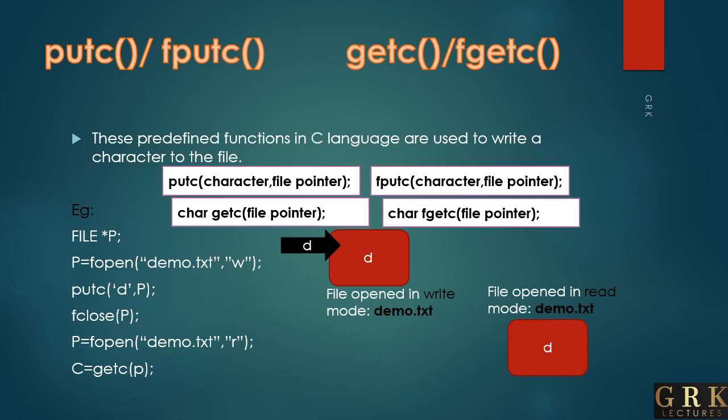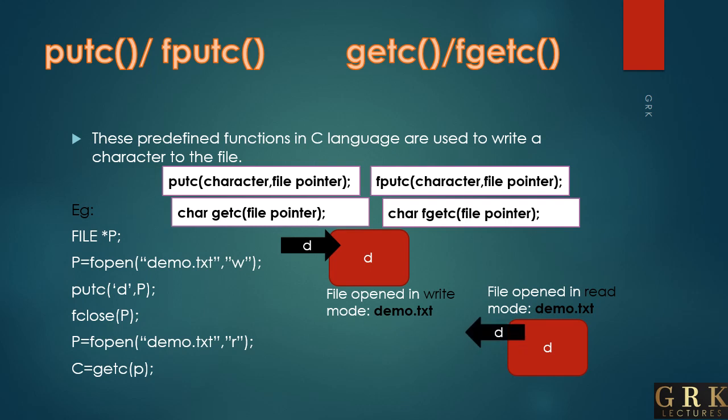In this example, we are trying to read a character from the demo.txt file, and this file is pointed to by the pointer p. That's why I am using pointer p. Using this getc, we are reading a character, and I am storing that character in a character variable. Let us take a capital C.